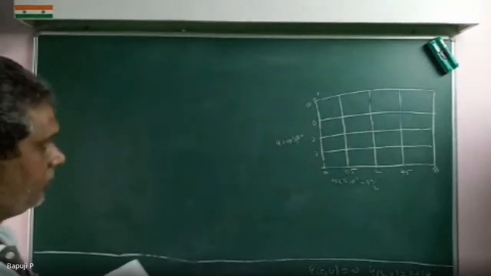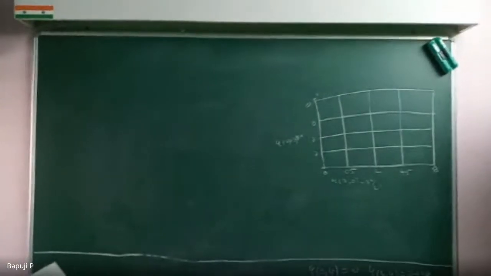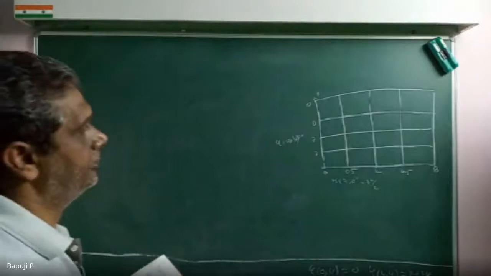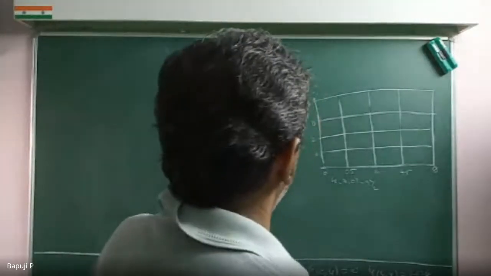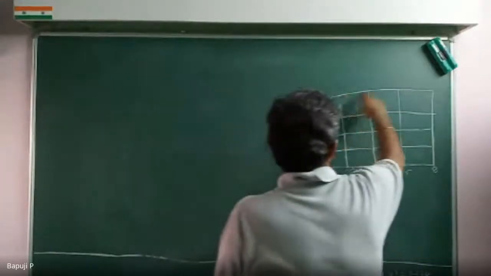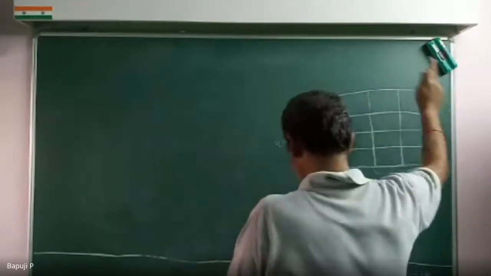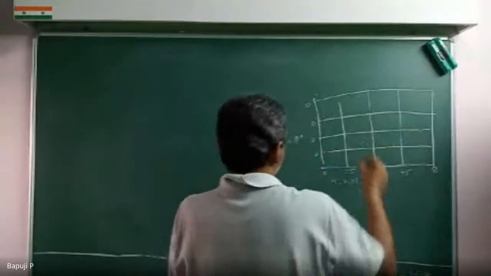Then u of x comma 4, so y is equal to 4. Y is equal to k means parallel to the x-axis. This is y is equal to 4. Wherever you go, this is y is equal to 4. u of x comma 4 is equal to x square.